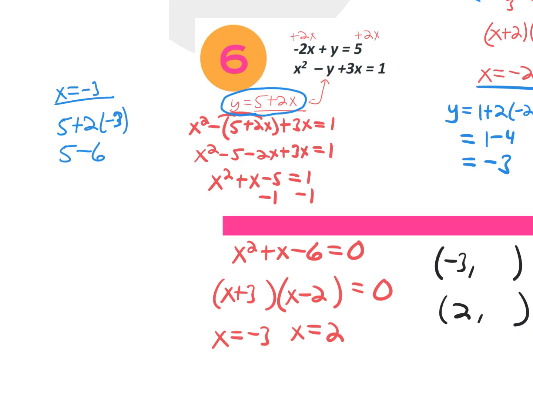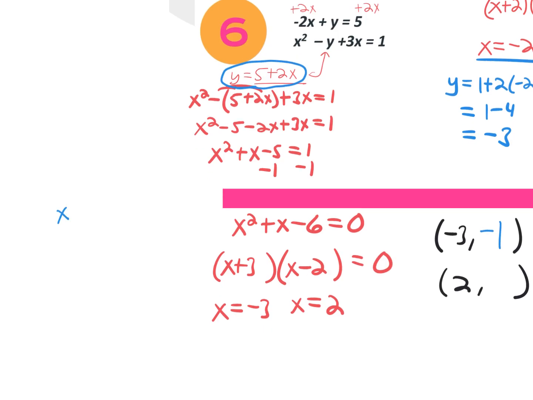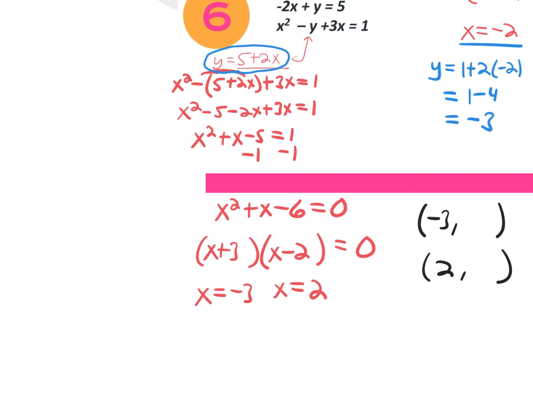So 5 minus 6, what does that get you? Negative 1. So this one's going to be negative 3 comma negative 1. And then when we do the same thing for x equals 2, we should get 5 plus 2 times 2. So 5 plus 4, which is 9, good. So 2 comma 9. So we get these as our two answers here.